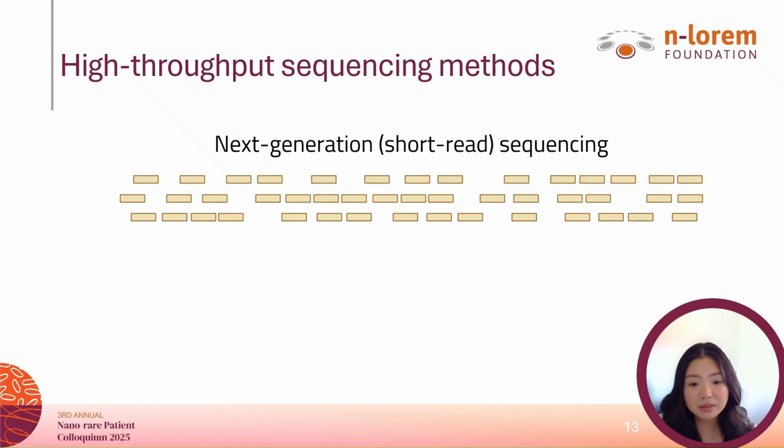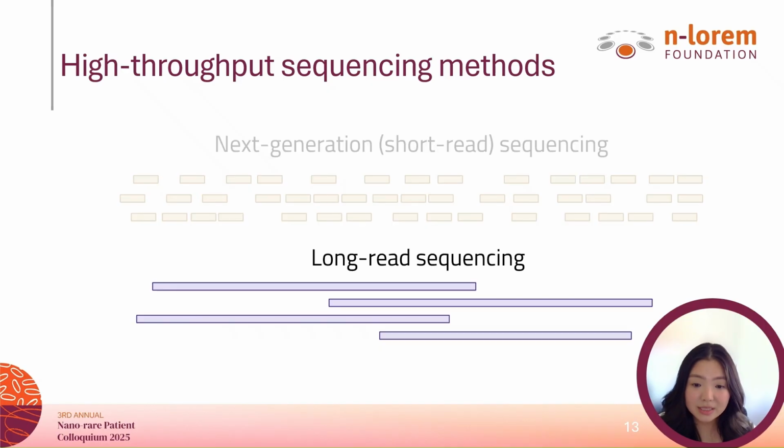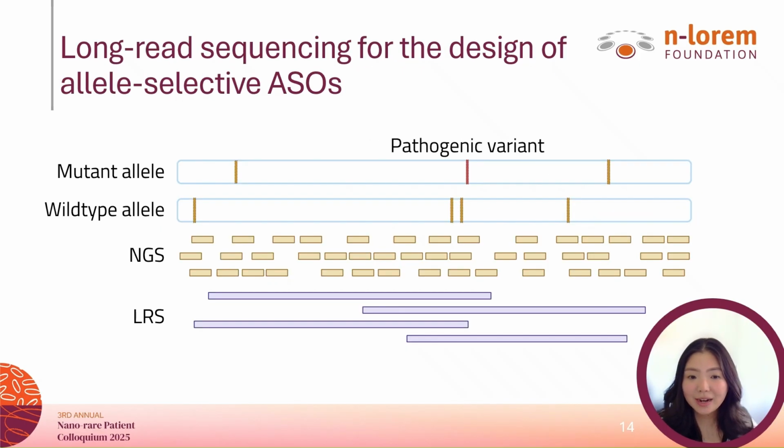And when you think about the length of a gene, this can actually be more on the order of thousands. And so now we have long read sequencing. This is really advantageous because instead of having maybe 100, you're getting more like 5,000 nucleotides in a single read.